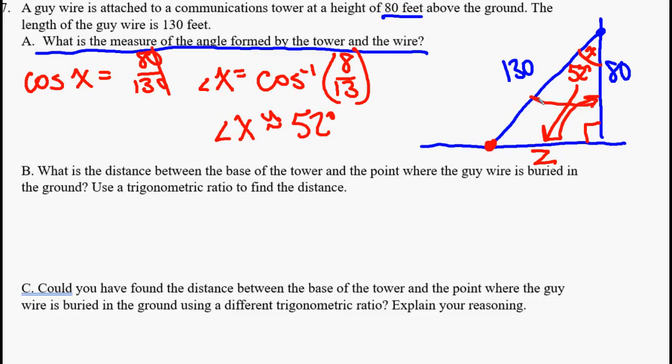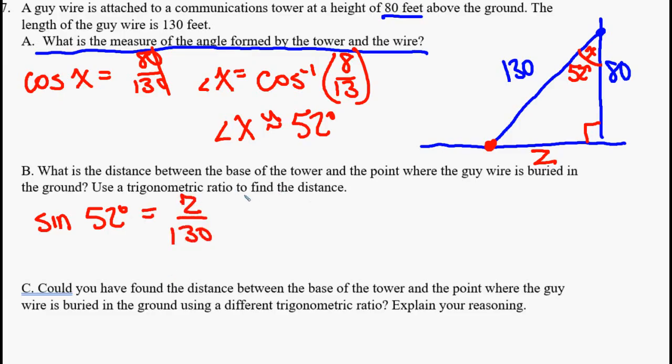We also have the hypotenuse. So it looks like we have some options here. We used tangent in the last couple of lessons, so let's use sine. We want the opposite side, we have the hypotenuse, so the sine of 52 is equal to opposite side z over 130.